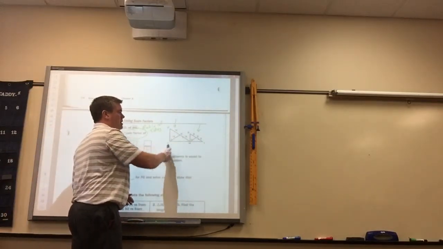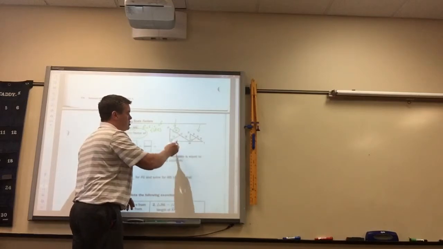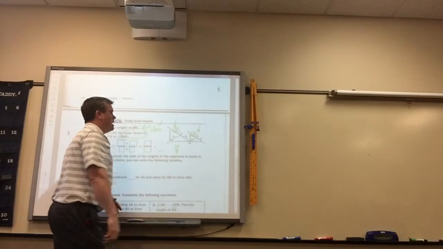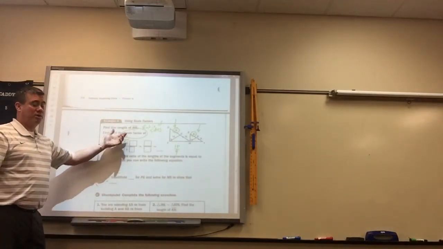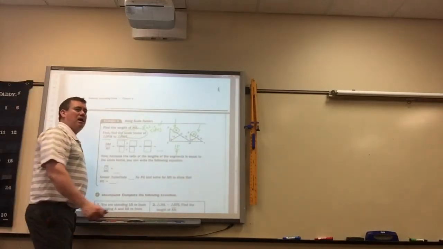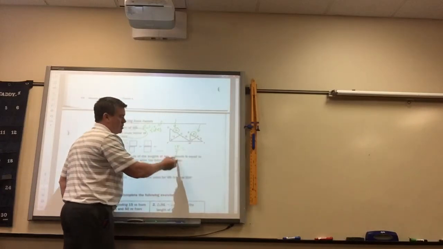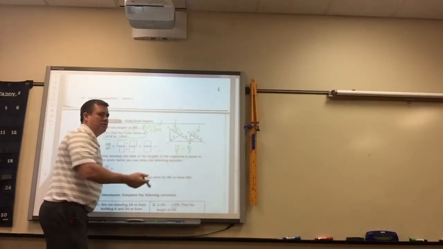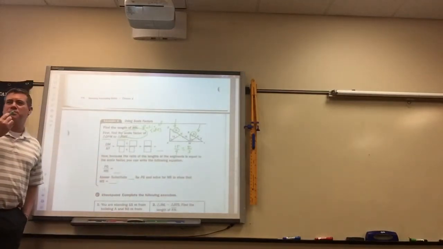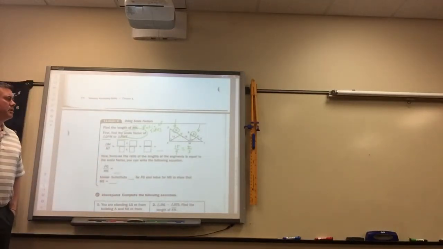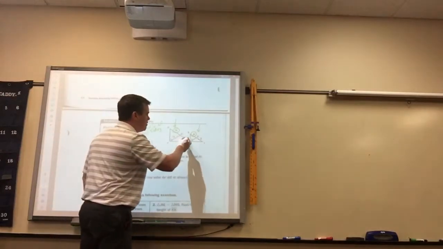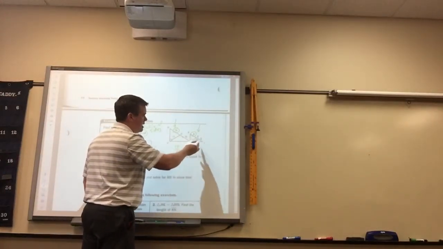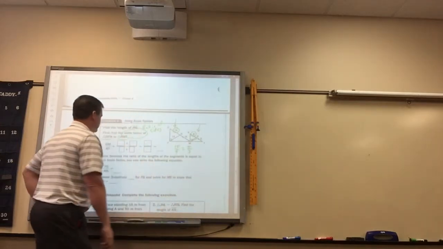Which number do you want to pick on here? 15? So what does 15 correspond to? 9. That's all you got to do to find the ratio of sides or the scale factor. Now, if you do need to simplify, you can just divide them both by 3 and you get 5/3. They're the same answer though. Scale factors, you don't always have to simplify. Okay? So I could have did this 15 to this 9, or I could have did 12. I couldn't have did 12 because I don't know that, right?